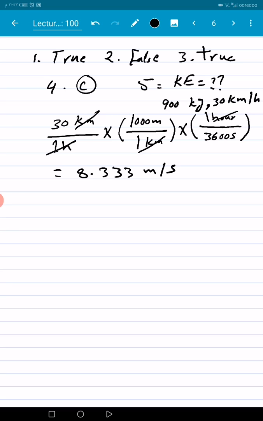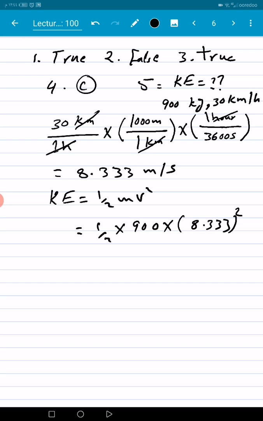Then I think it's very easy now. KE equals half mv squared, so it's equal to half times m, 900, and v squared, 8.333 squared.